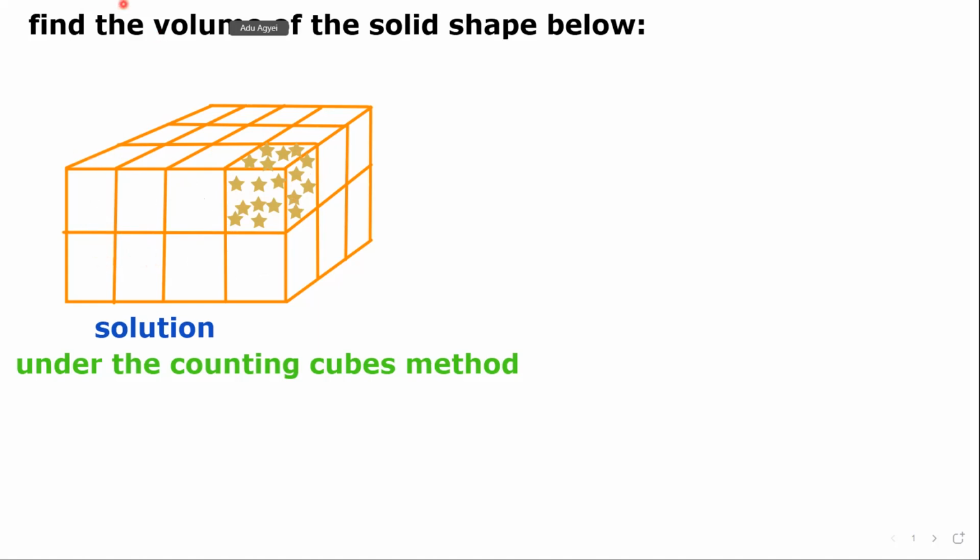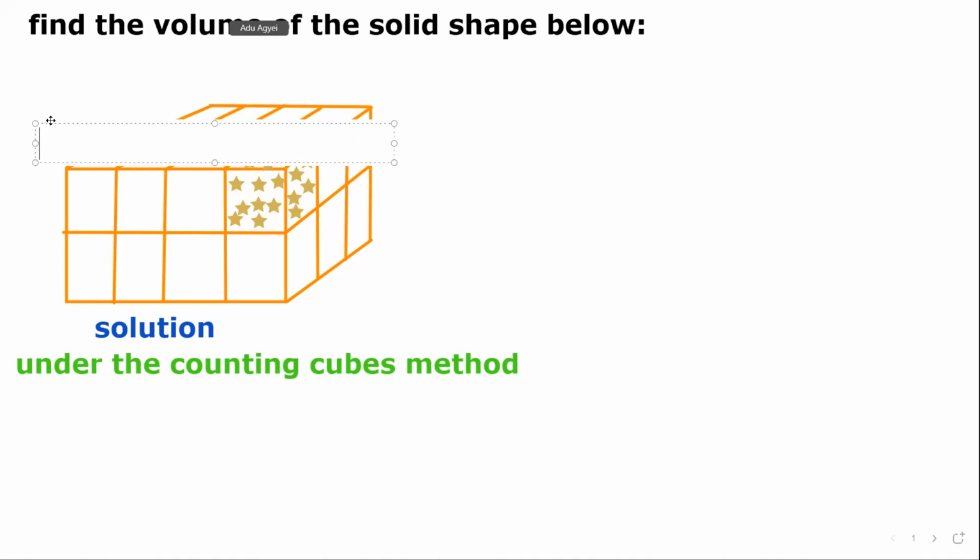So with the front layer, we have the 8 cubes.